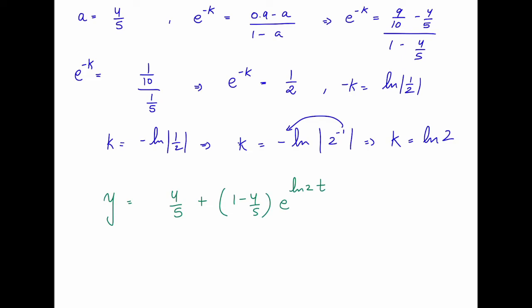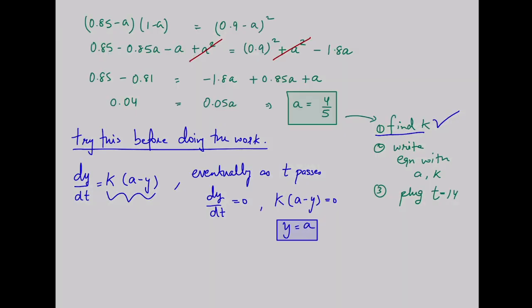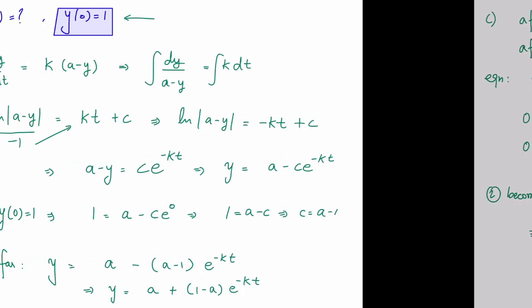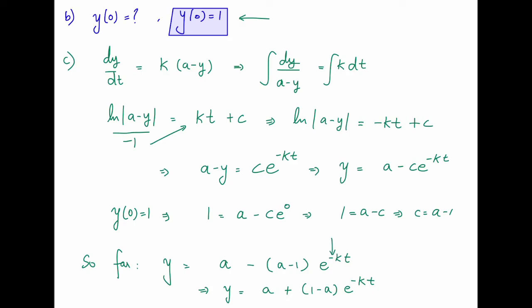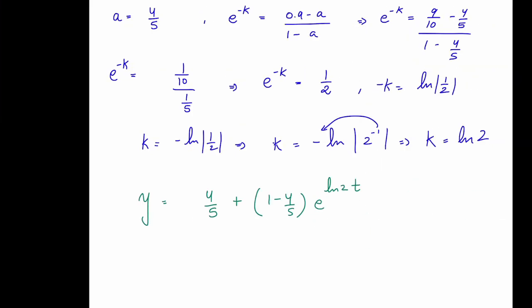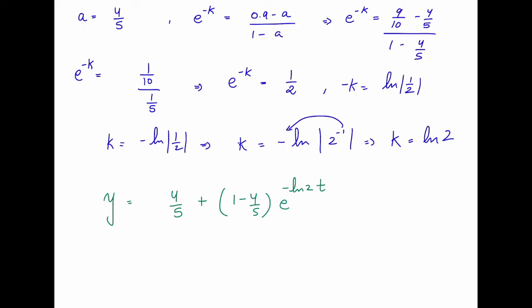Remember, we have a model with a negative value of k, so we have to make sure we don't forget the negative. In simple words, that is 4 over 5 plus 1 over 5 e to the power of.